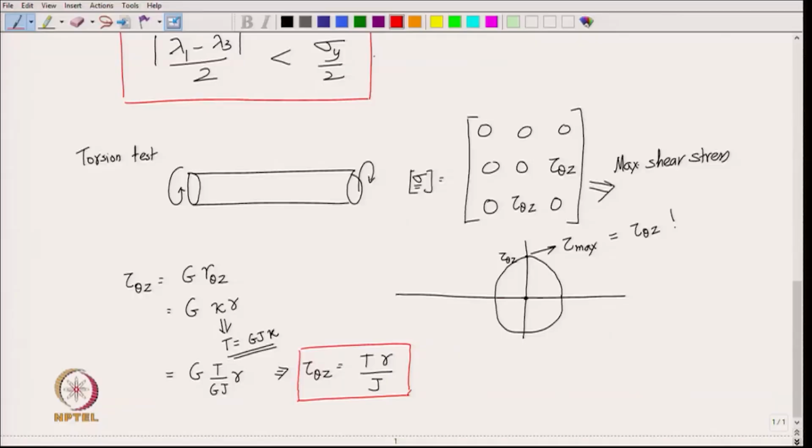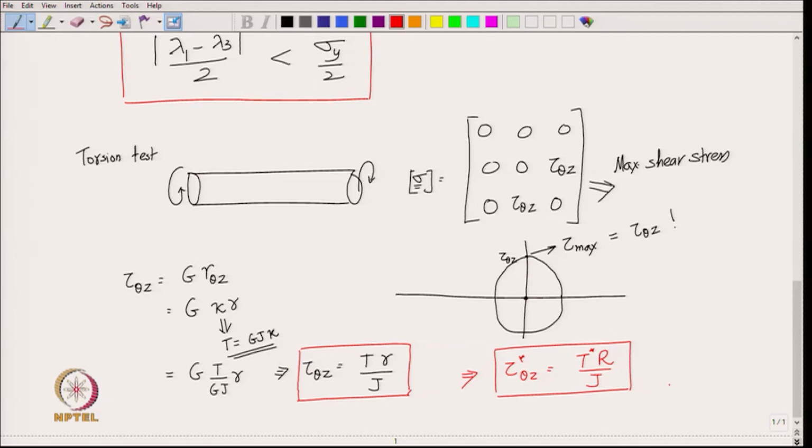Anyway, so when you do this torsion test, you are going to apply a torque, and at a critical value, let us say at T star, the body would have failed. So, that means your tau star theta z is simply T star into the outer radius big R by J. So, this is how you can extract the maximum shear stress of failure from the torsion test.